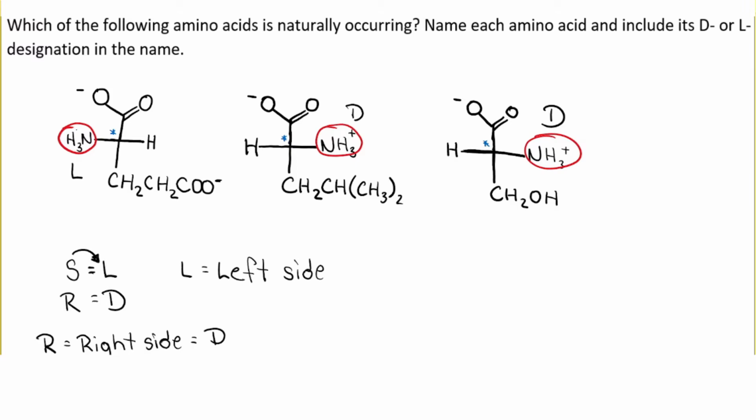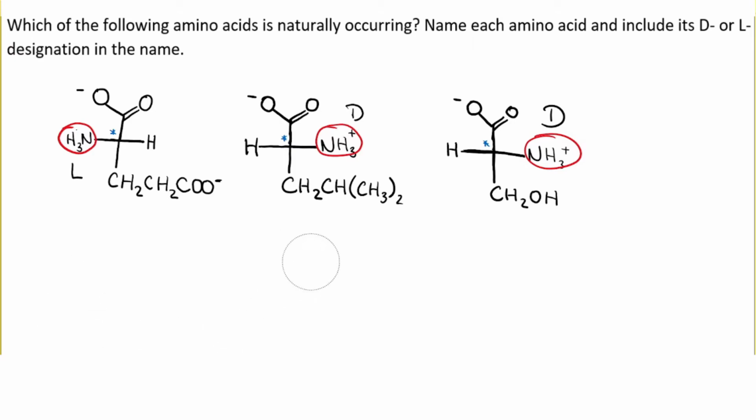Now we need to look at the second part of this question. The second part is asking, name each amino acid and include its D or L designation in the name. Remembering the names of amino acids is all about memorization. There's no real method for remembering these amino acid names.